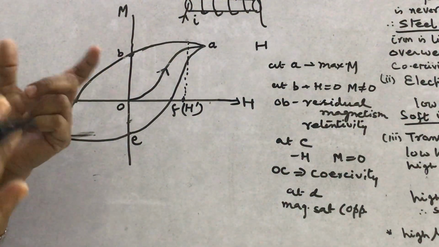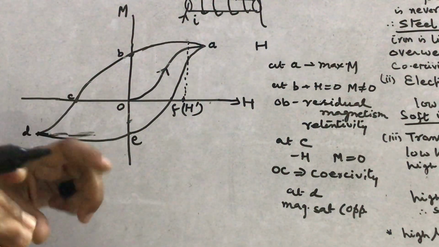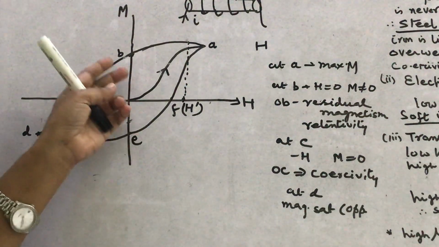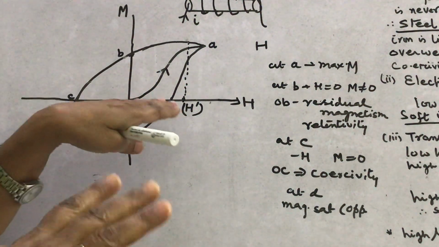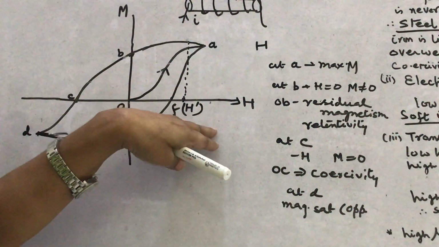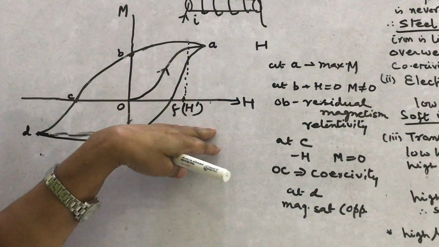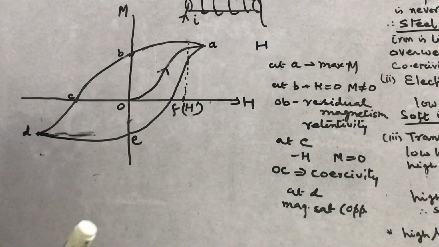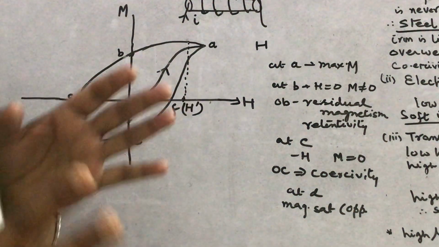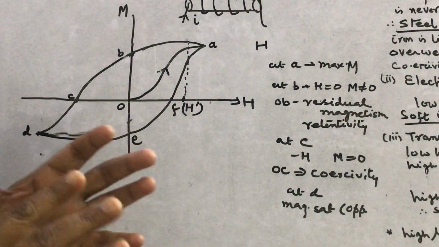Which value? That is why in the books it is written that the magnetization is not unique for a given value of magnetic field intensity of a ferromagnetic substance. Its value depends on the history of that substance. What is the meaning of history?